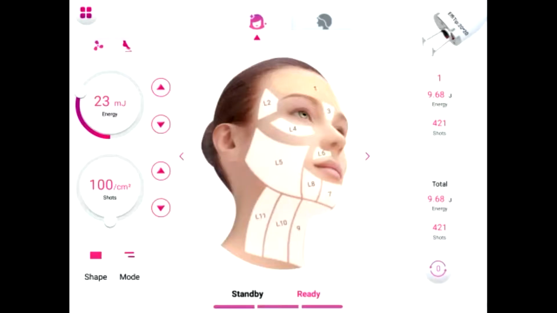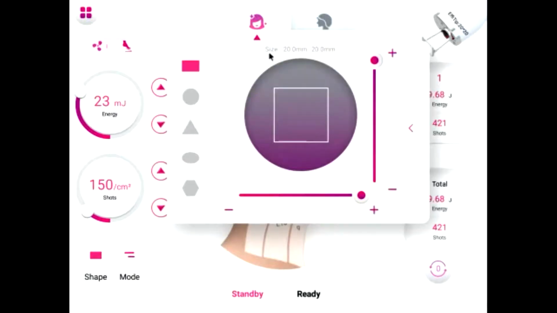Now let's use another mode. Standby first. And the same parameters with 23 energy and 150 square centimeters. And the shape, we use the circle to do the donut.